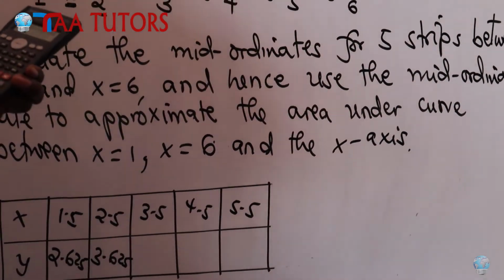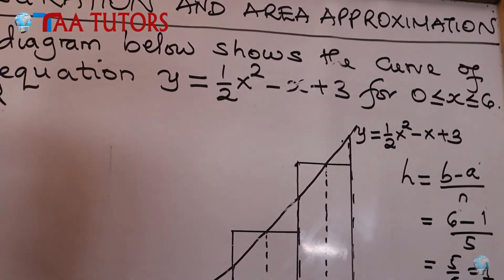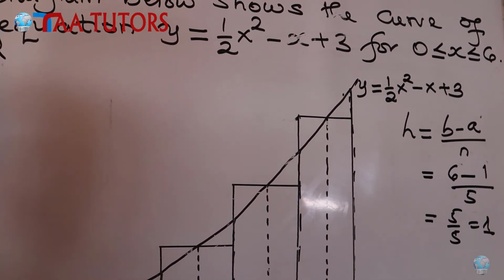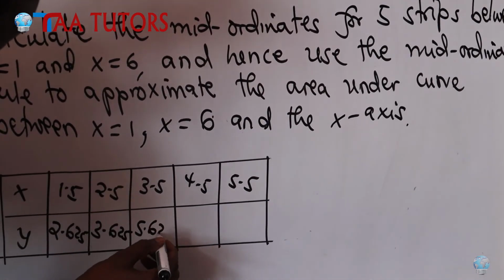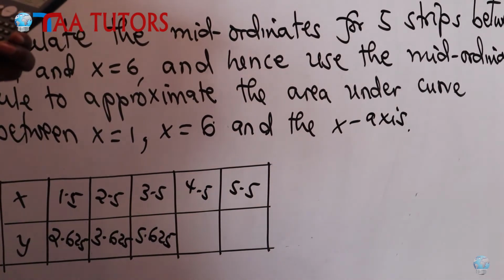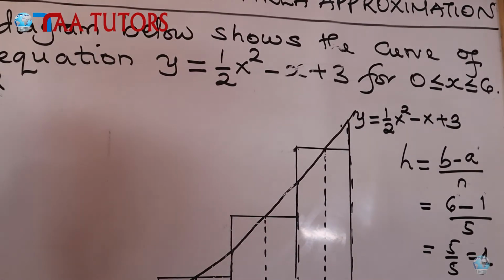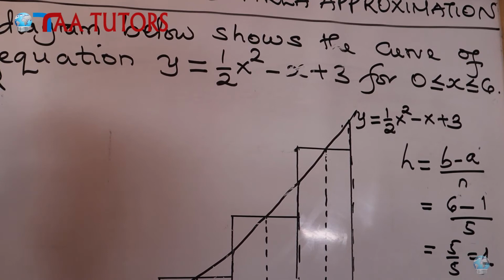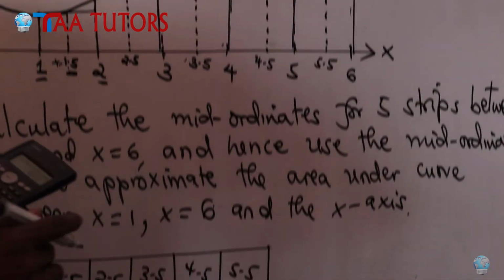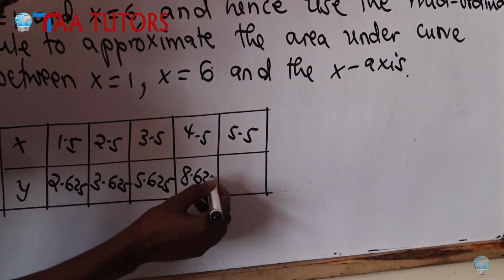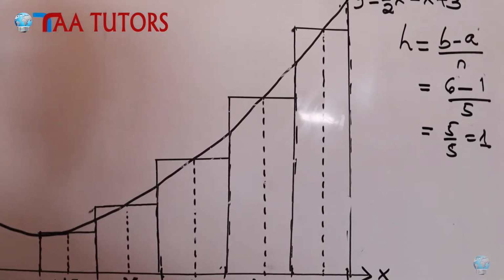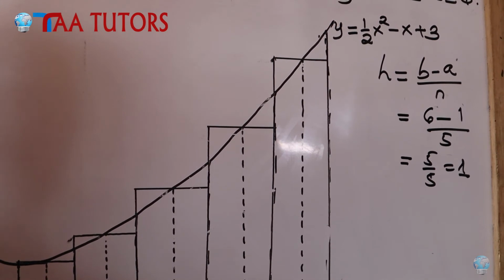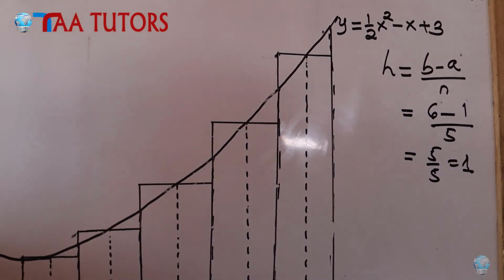Then 0.5 into 3.5 squared minus 3.5 plus 3, 5.625. And then 0.5 into 4.5 squared minus 4.5 plus 3, 8.625.